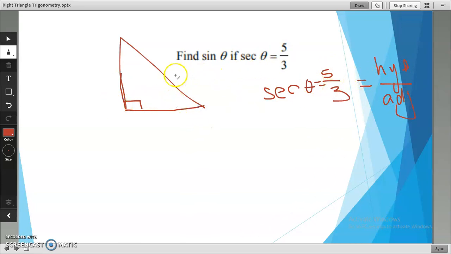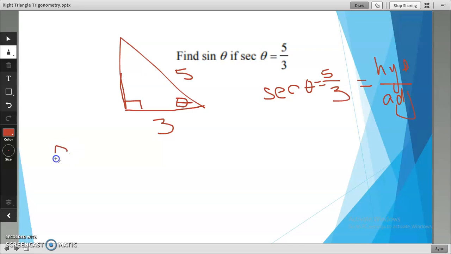So my hypotenuse is 5. And sorry, this is my angle that I'm looking at. And the adjacent is 3. So now I can easily find what this opposite side is, because I need opposite for sine. Because this is a right triangle, I know I can use the Pythagorean Theorem.